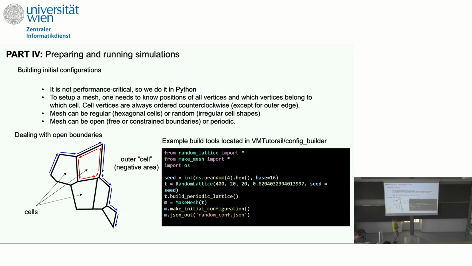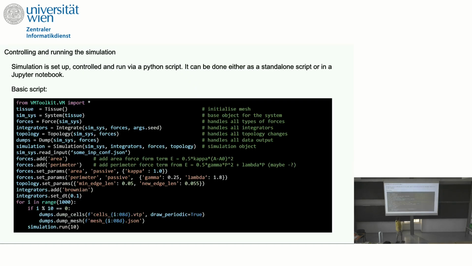So now you write code like this. This is your simulation code. You write a little bit of Python where you set up the simulation, then specify the parameters through a Python dictionary, and then you run the simulation.